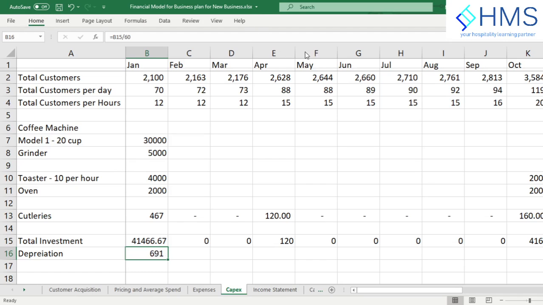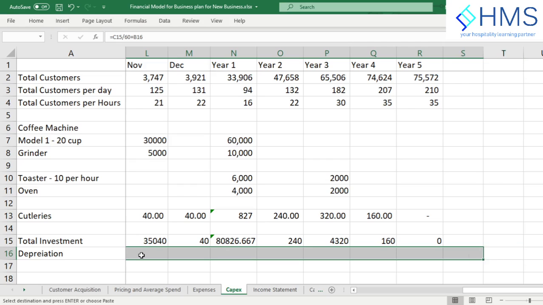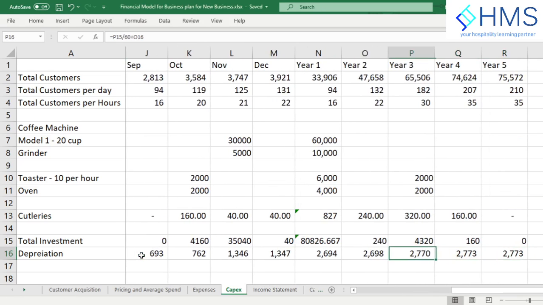And then next month's depreciation will be the same formula plus the previous month's depreciation. So that will continue, right? Since we are doing until 5 years only, we can follow this. This is for the whole year, and then we just follow this, correct?